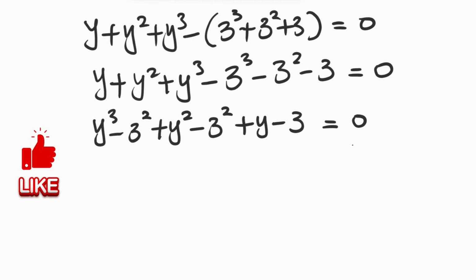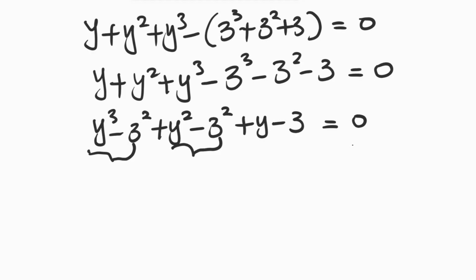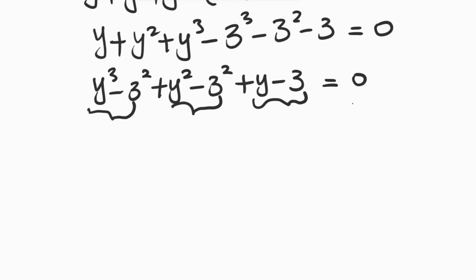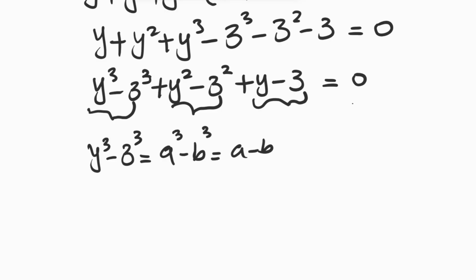So from here we'll see we have these in common, we have these in common, and then we have these in common as well. So now y cubed minus 3 cubed is in the form of a cubed minus b cubed, which is equal to a minus b into a squared plus b squared plus ab.